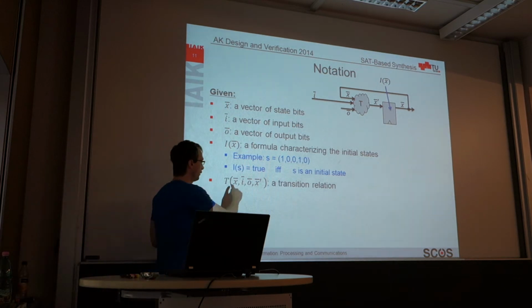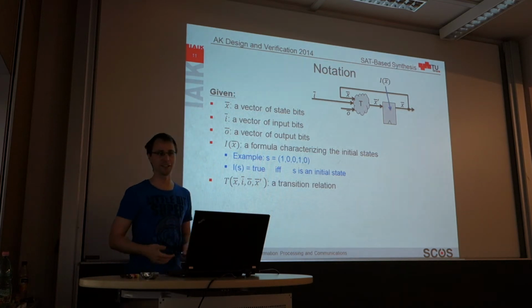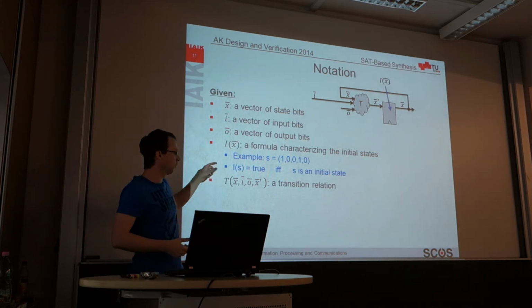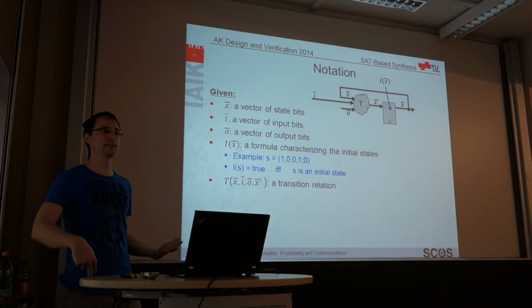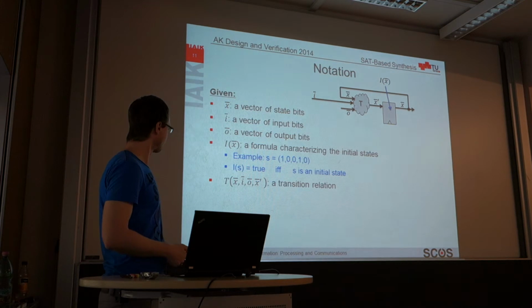And it evaluates to false if we cannot go from a certain state with a certain input and a certain output to a certain next state. So this is just a formula which basically encodes all the state transitions that are possible and not possible.